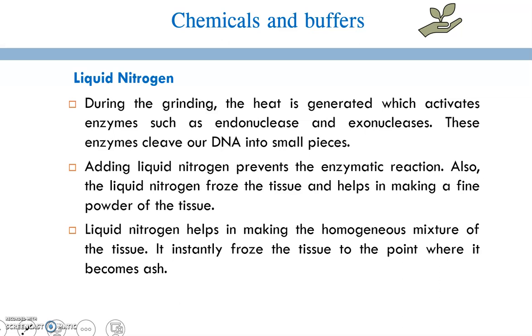As we add the liquid nitrogen during the grinding of plant tissue, it immediately stops all the cellular reactions inside the plant cell, and by this we protect our DNA from the harmful effects of DNases and RNases, and their degradation is prevented. It also helps in making a homogeneous mixture of the tissue, which instantly freezes at the point where it becomes ash.